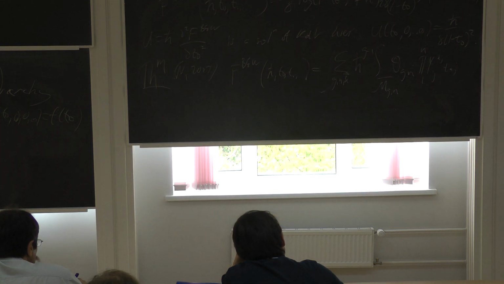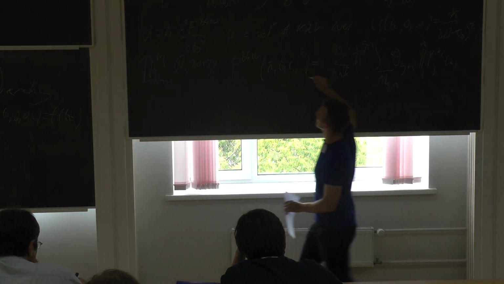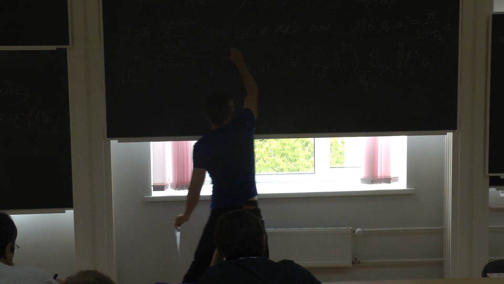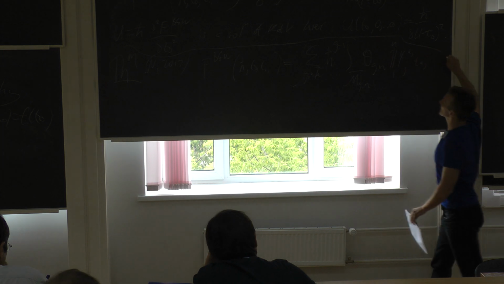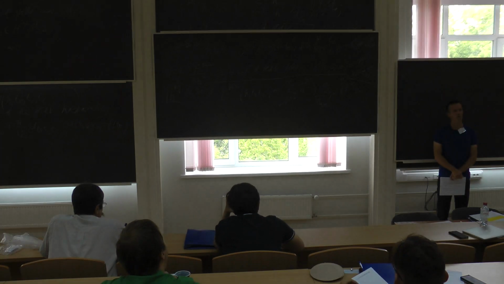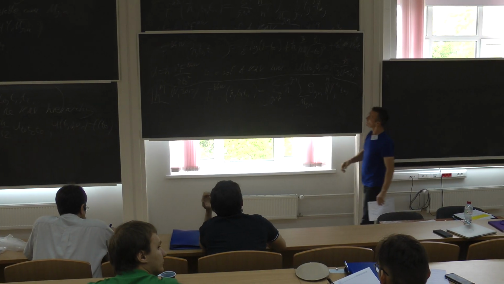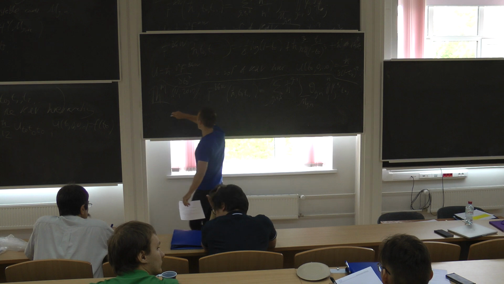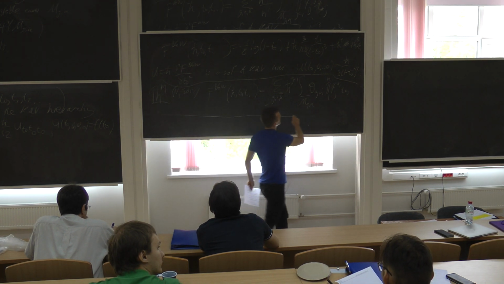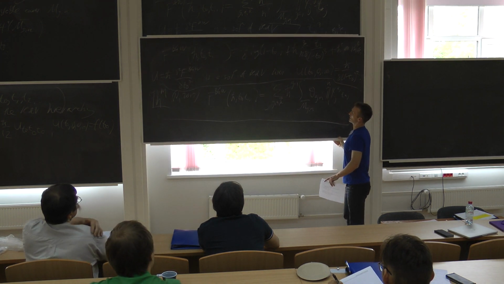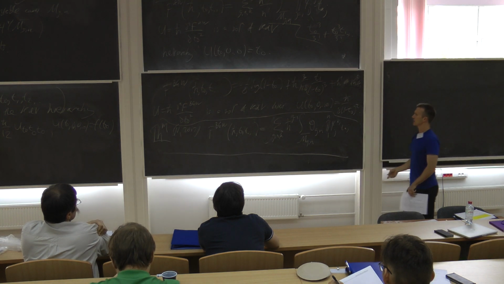So as I said, so far I've stated this as a theorem, but the point of today's lecture is to define this class, theta gn. So the claim is there exists a collection of classes, theta gn, on the moduli space, such that this Brezin-Gross-Witten free energy is given by these intersection numbers.